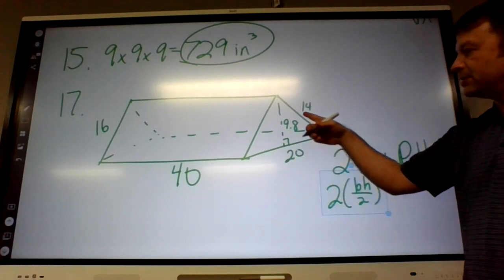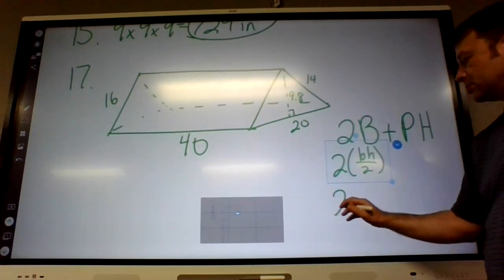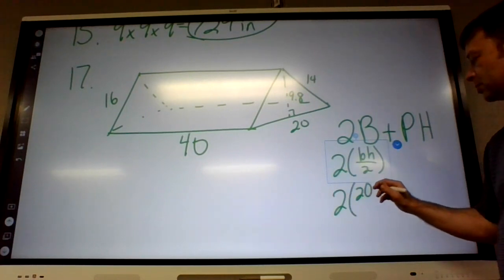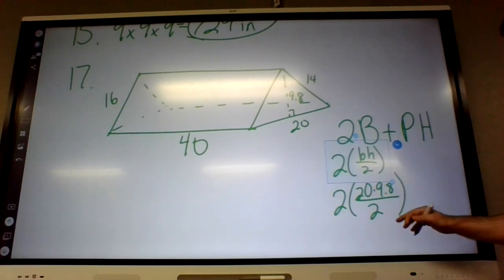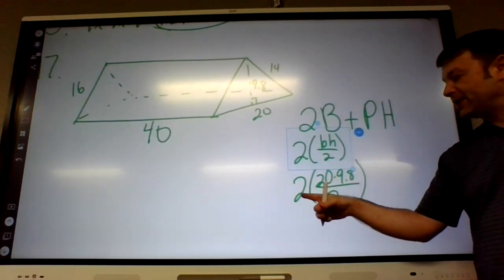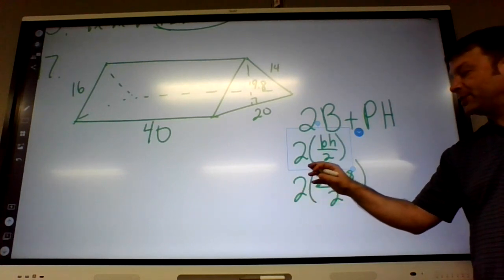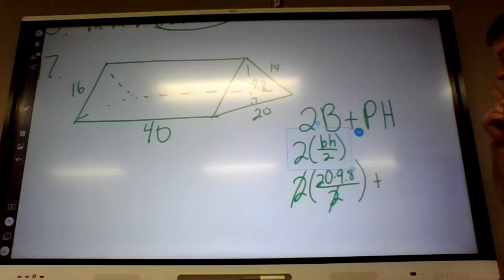So 20 times 9.8 divided by 2. You could save yourself some button pressing by canceling out the times 2 divided by 2. Those would reduce. But that would just be the two base areas.